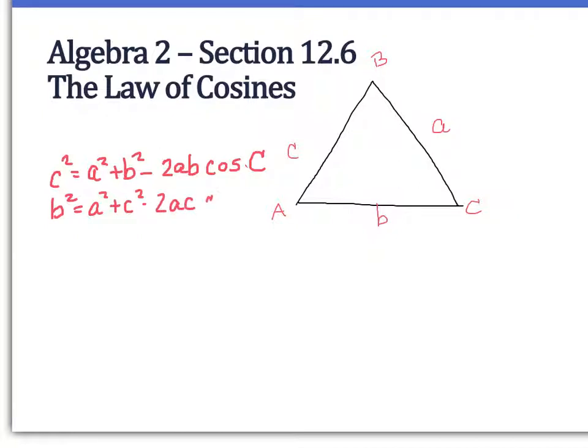And so this version, instead of ending with cosine C, is going to end with cosine B. And we would just follow the same pattern for the third one, and we're going to have a squared, b squared, c squared minus 2 times a, not a, b, b times c, and then cosine A. So in every case we have the sides, and the angles on the end are the same, and it follows the same pattern.